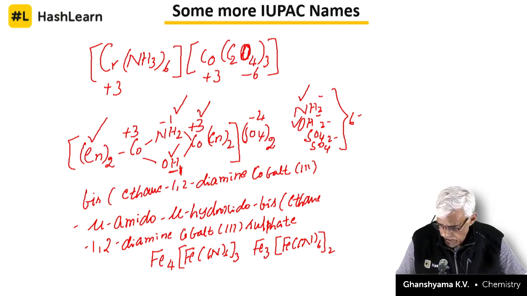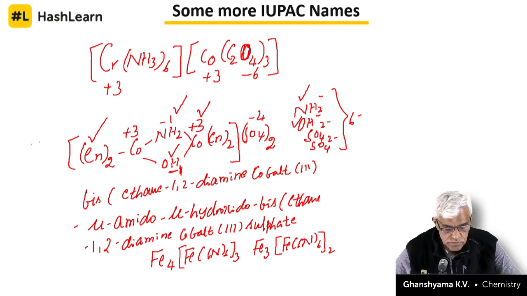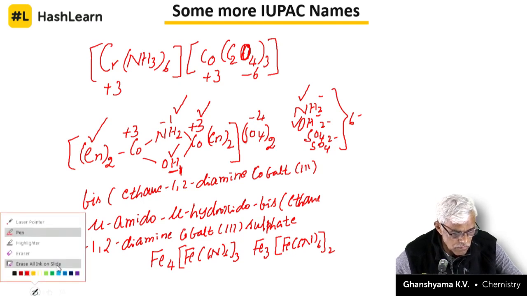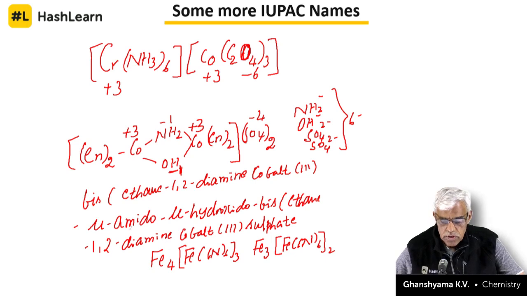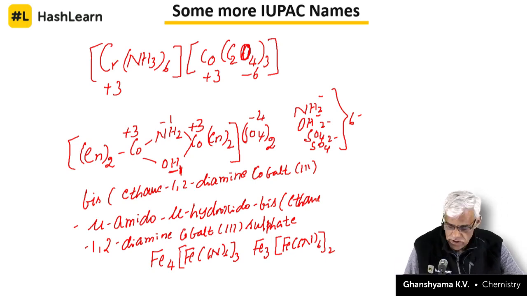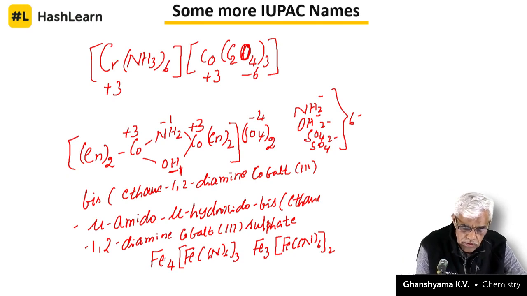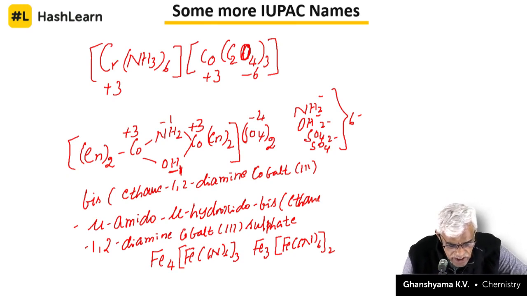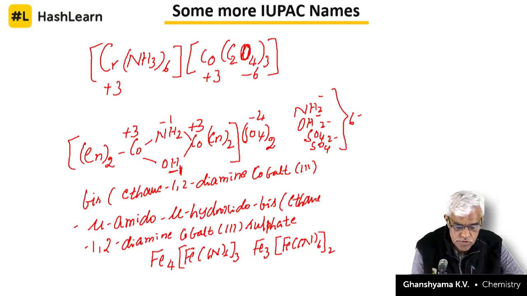Okay, fine. If that is the case, one: Fe4[Fe(CN)6]3. Fe again has got the variable valency +2 and +3.